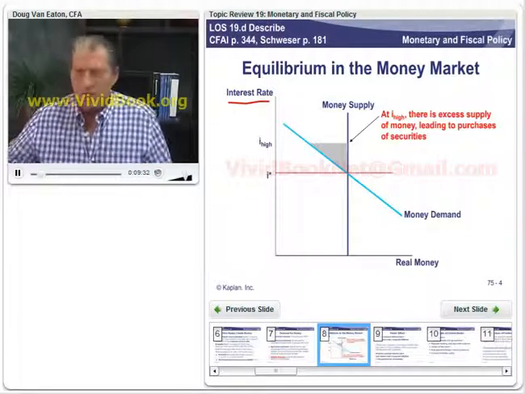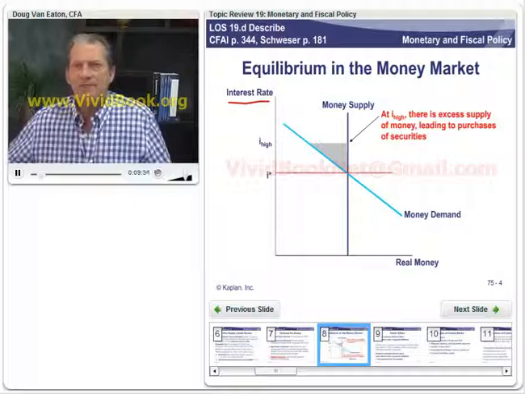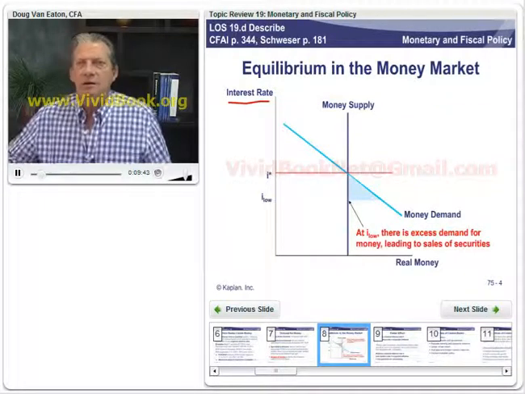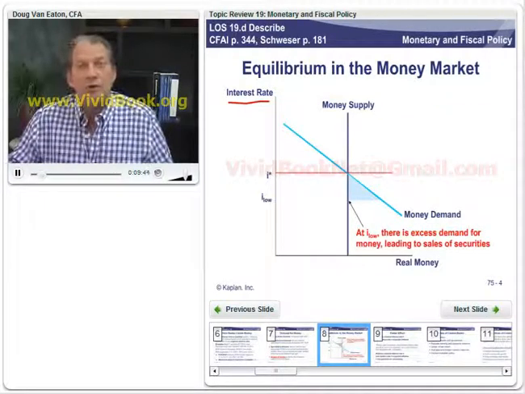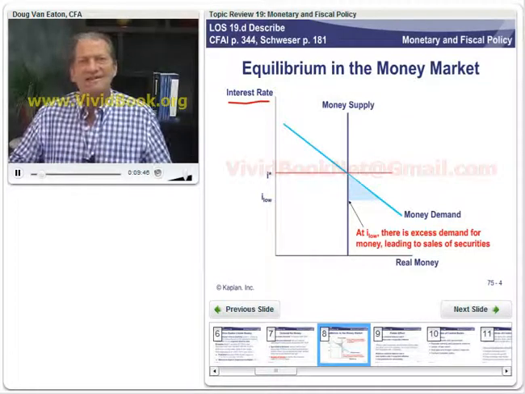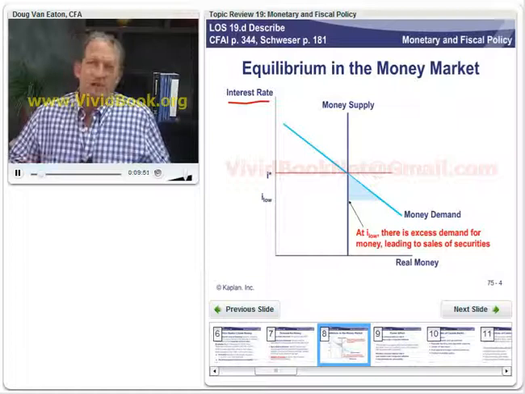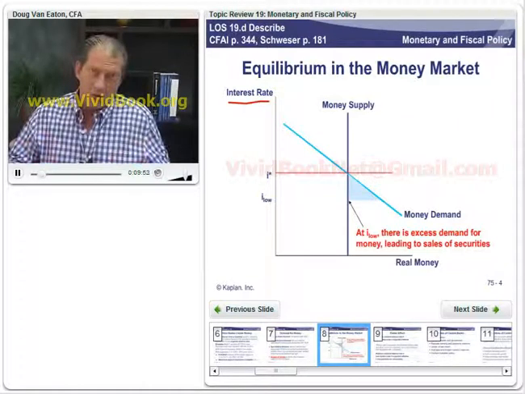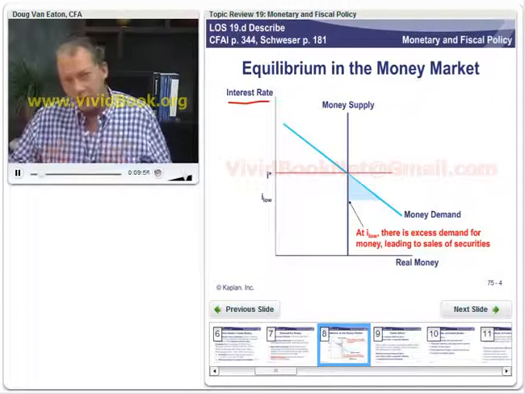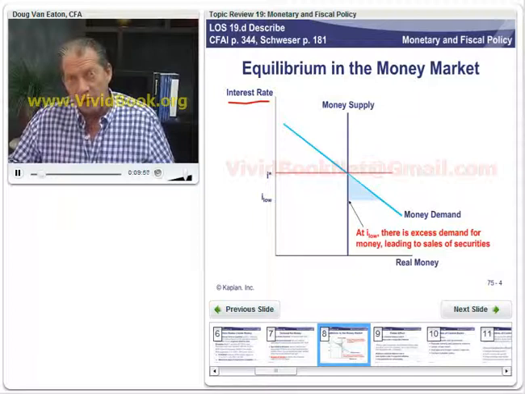Now, on the other side of that would be an interest rate that is below equilibrium. Well, in this case, there's excess demand for money. Well, how do people get more money, right? The interest rate is low, so the opportunity cost of holding money is lower.